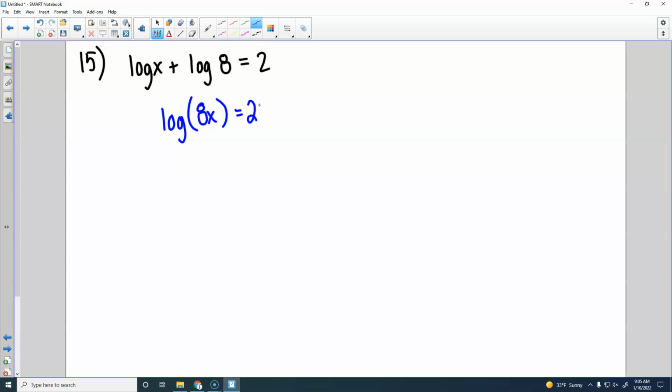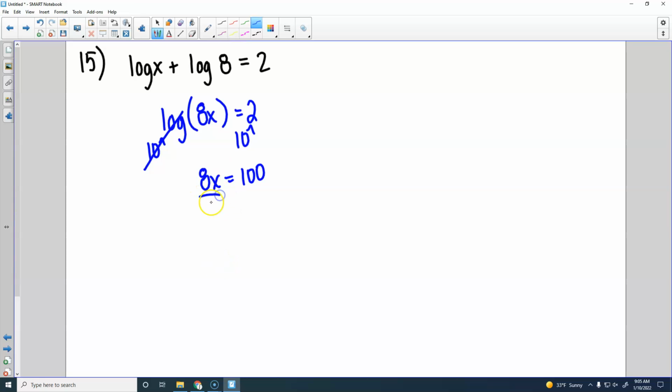Which is great because now I've only got one single logarithm and I can solve this equation. So, Reese, what is my base on that log? Okay, so how do I get rid of the log? Good, so I'll do 10 to that power. And so that'll just give me 8x equals 100.